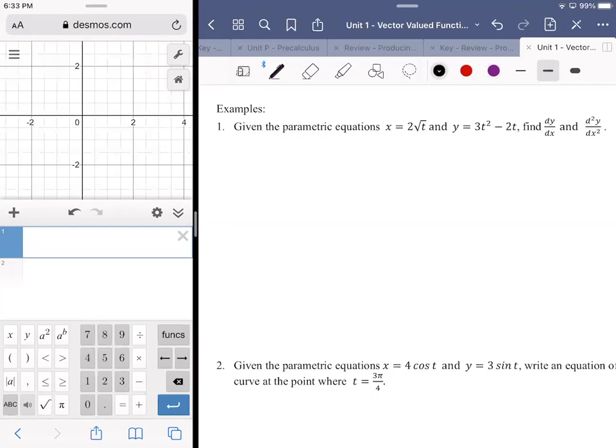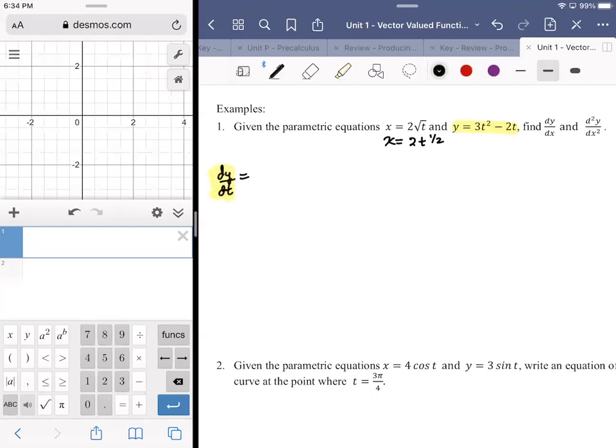All right. So number one, simply asking us to find the derivative and the first and second derivative with respect to x. So the first thing I would want to do is rewrite my x equation as 2t to the 1/2 power. My y equation is fine the way it is. I'm going to take the derivative dy/dt, working with this one first.